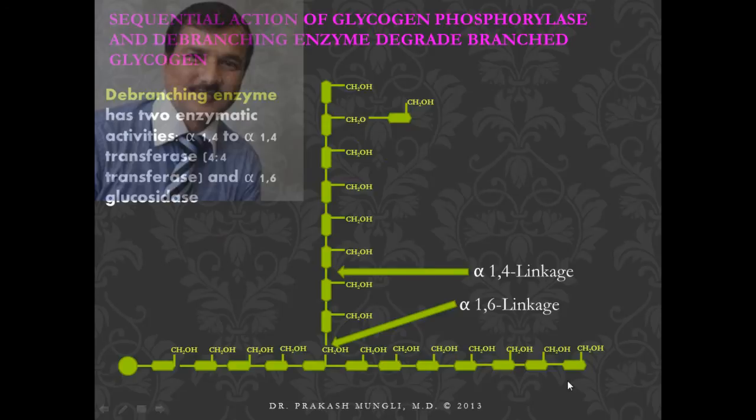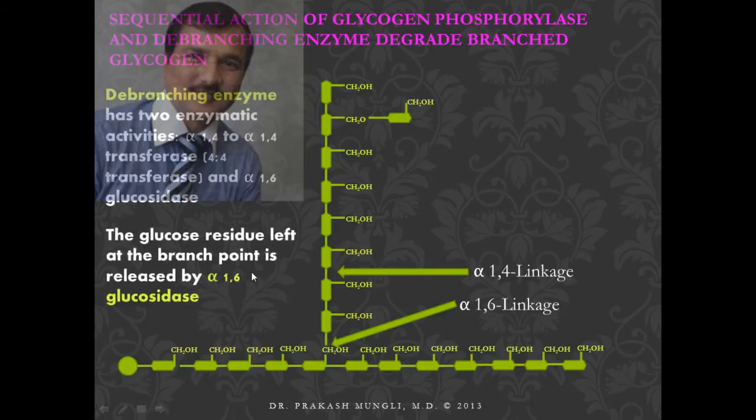Okay, so now the glucose residue that is left at the branch point is removed by another catalytic part of this debranching enzyme called alpha 1,6-glucosidase. So alpha 1,6-glucosidase is going to remove this glucose residue and release it as glucose.